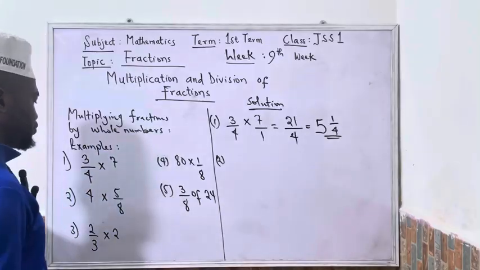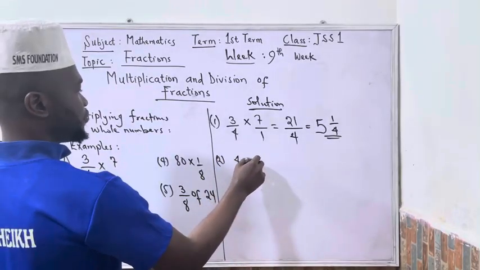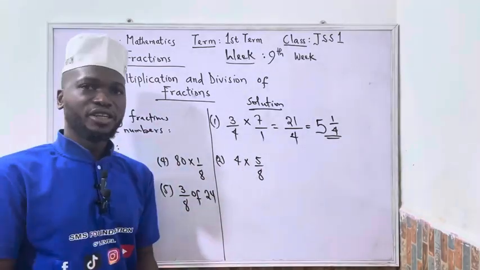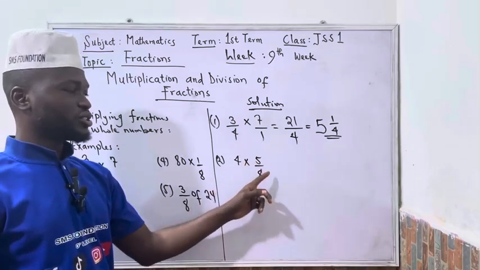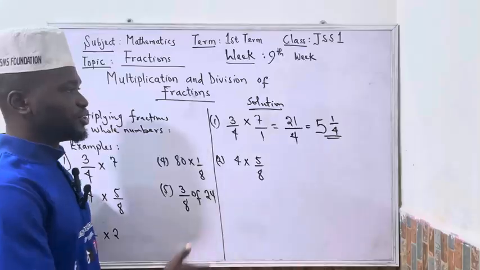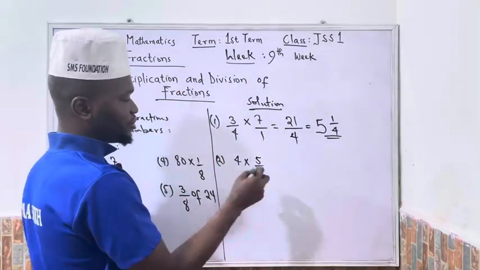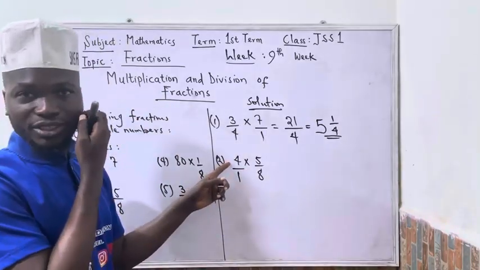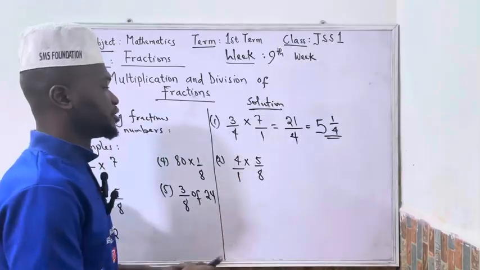Number 2. Question says 4 times 5/8. Don't be deceived by the way it is arranged this time around. Whole number is coming first and fraction is coming next. That's not a problem at all. The same thing that you did here is also applicable here. So ordinary 4 is the same as 4/1. That will enable you to multiply this and multiply this.